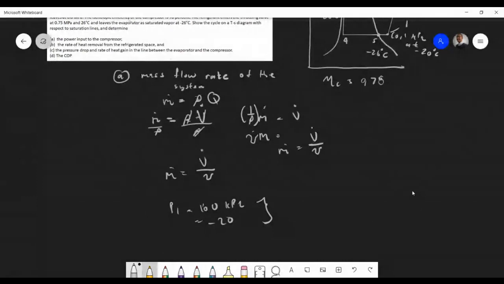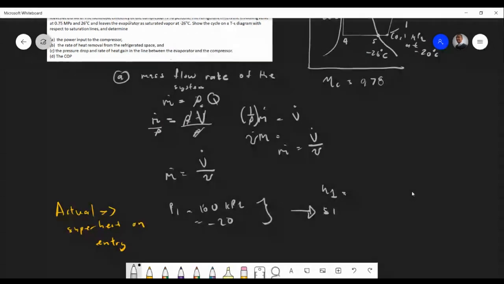We know it's actual because it's superheated on entry. So let's quickly get, what we're going to need there is H1. That's what we always typically get.